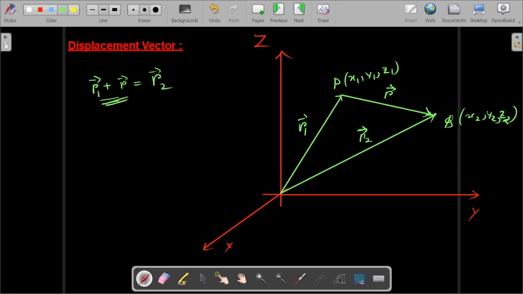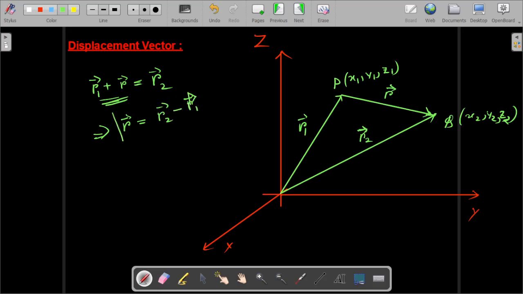These are in the same direction, add them, and equate that to the vector which is in the opposite direction. Now put small r on one side and small r1 on the other side, so this will be minus.